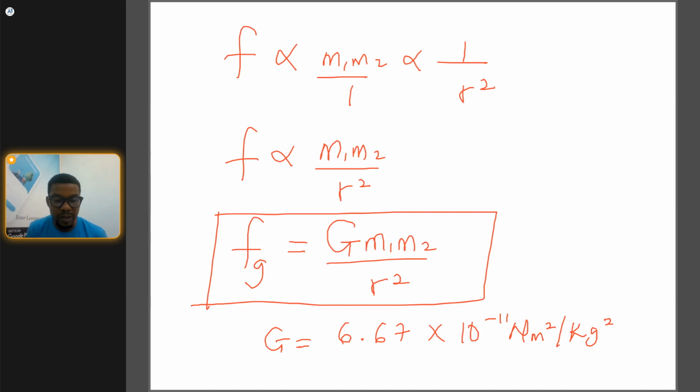So this is a constant that will not change except the question states otherwise. So I believe you are with me and you understand what we've just done so far. So we have been able to derive the formula of gravitational force.